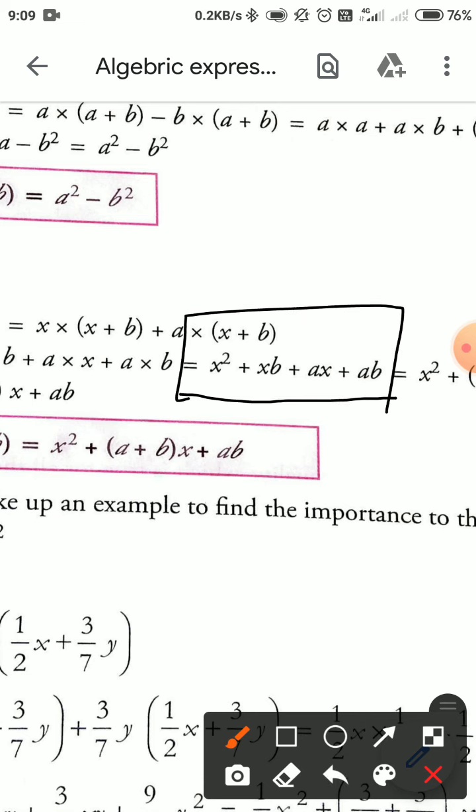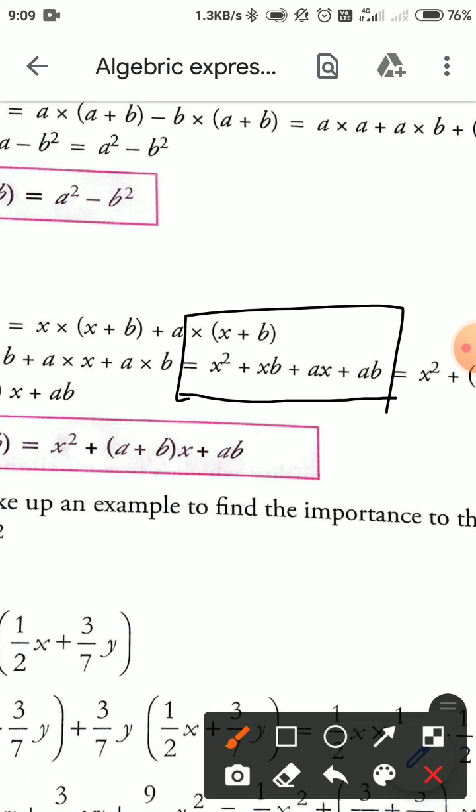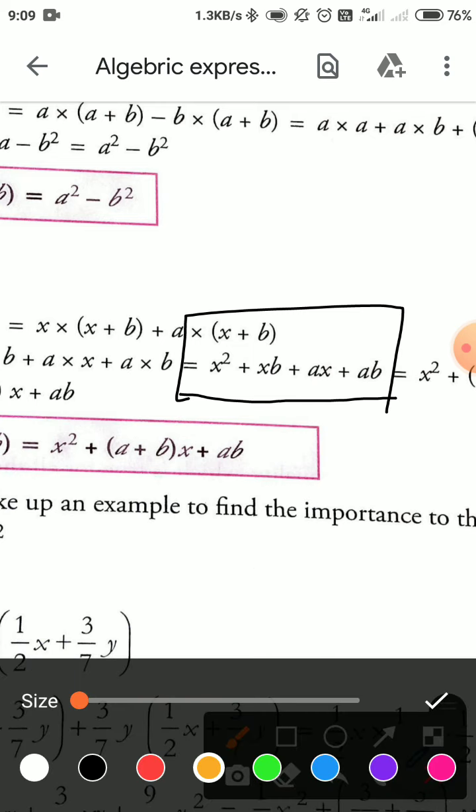In the later chapter you will be studying about factorization, in which you will take the common terms outside, right? We will discuss that in detail in the next chapter. So I can take x common from this expression, x plus b and x plus a.